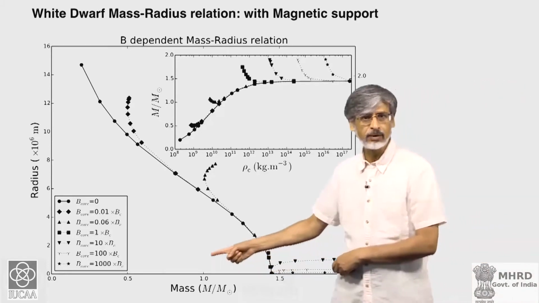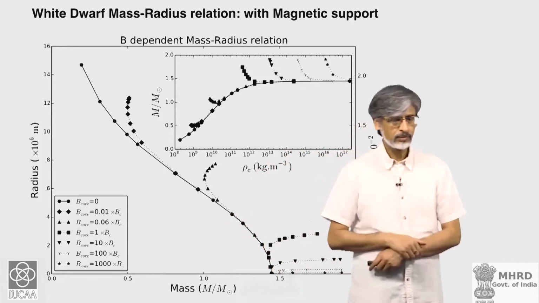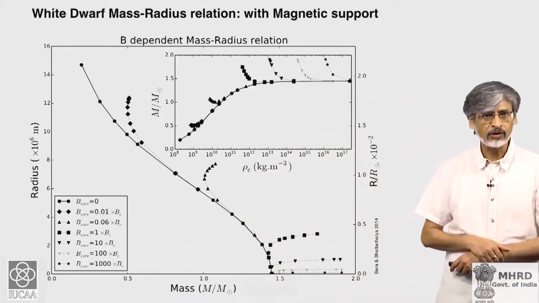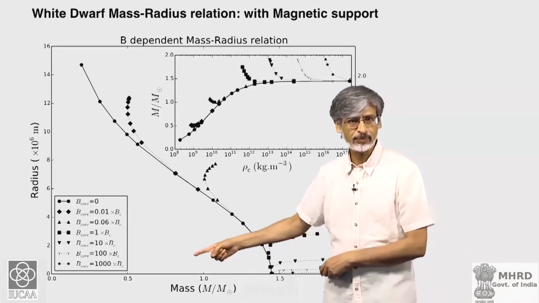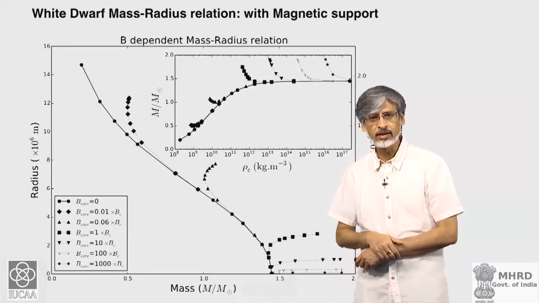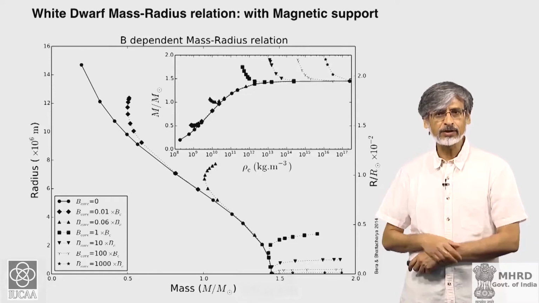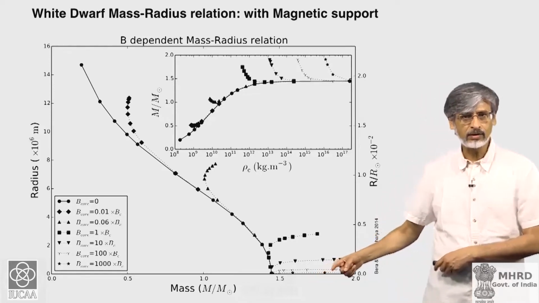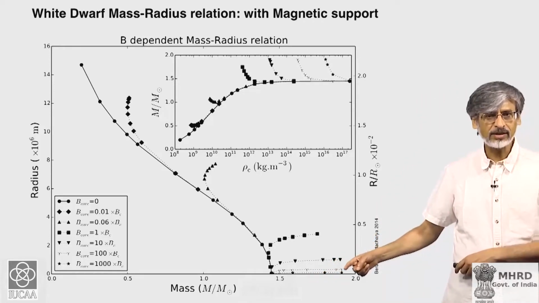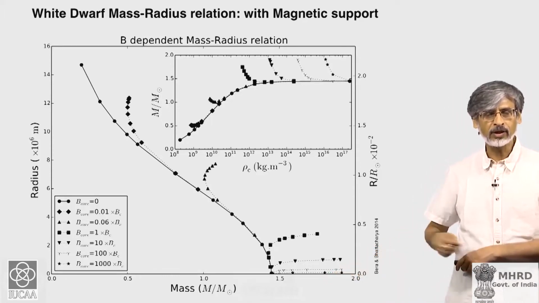But the magnetic fields that are required for such extra support are extremely large, and such strong magnetic fields have never been seen in any real white dwarf. But theoretically speaking, if one has very strong magnetic fields, then one can increase the mass limit in the case of poloidal magnetic fields up to about 1.9 solar mass.